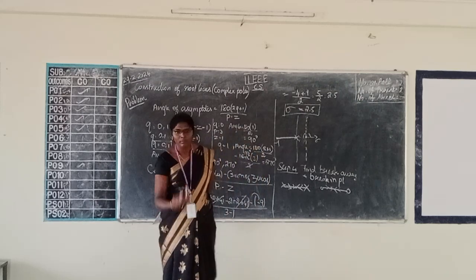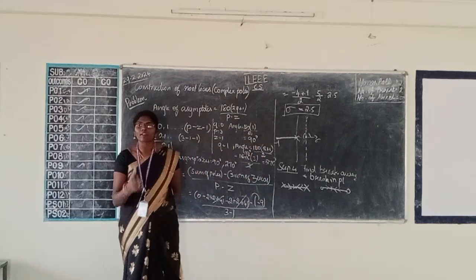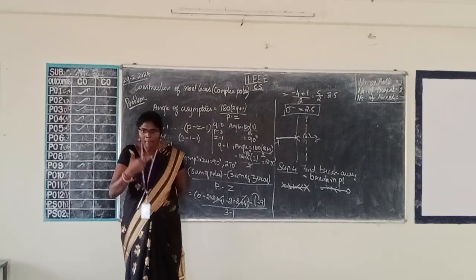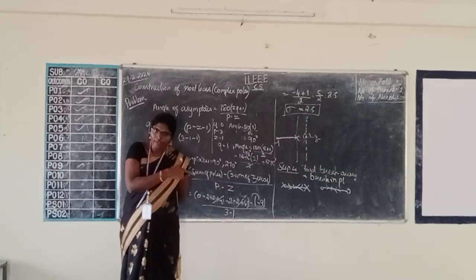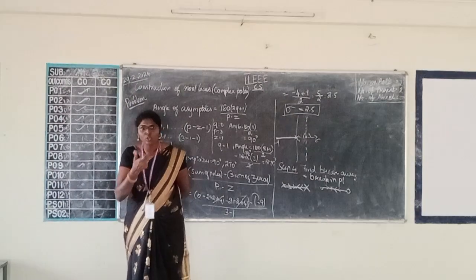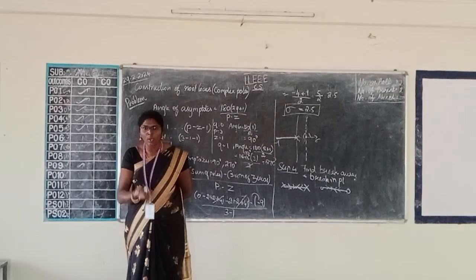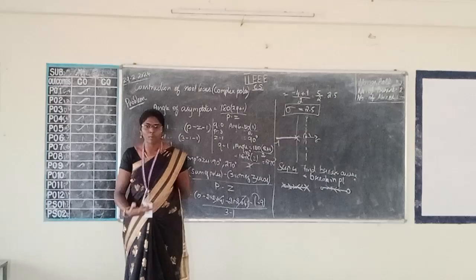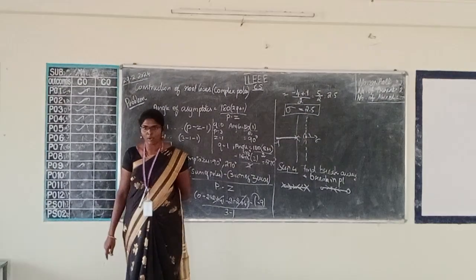In the first problem, we calculated the root locus only between the poles, that is 0 to -2, and -4 to infinity. In that itself, the root locus lies between 0 and -2. 0 is a pole, -2 is also a pole. That exists, what? A breakaway point. That was the last problem case.